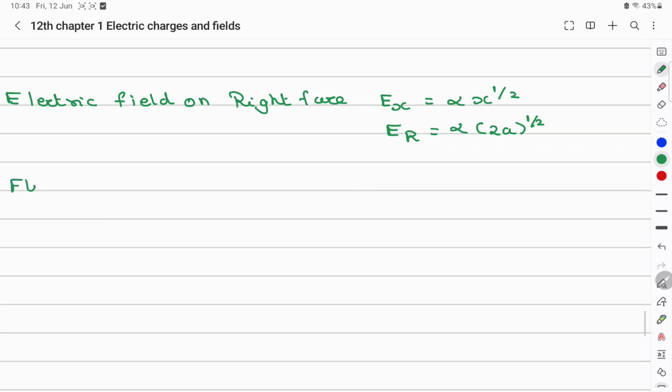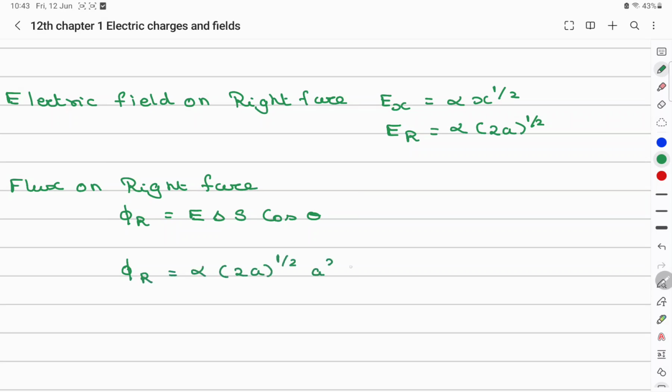And the flux on the right face, phi of r, is equal to E del S cos theta. So substitute the electric field component: alpha 2a power 1 by 2 into a square into cos 0 degree.